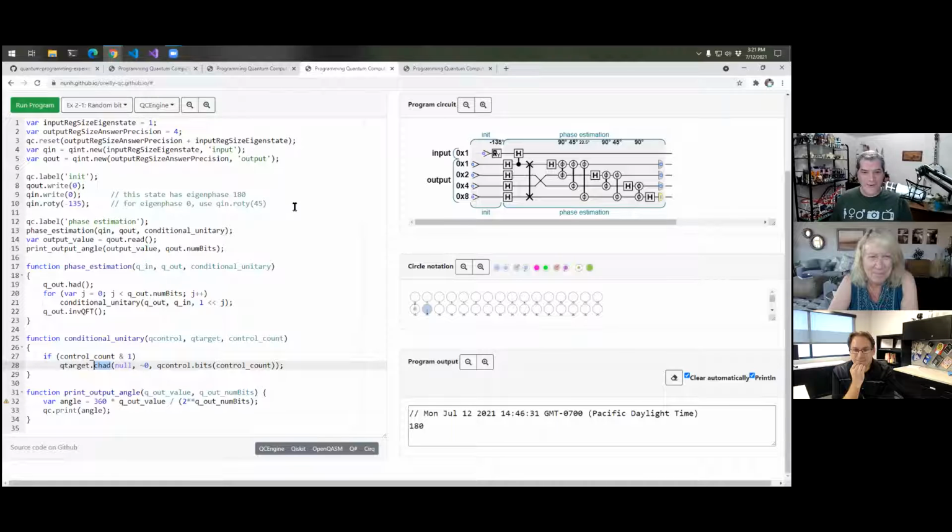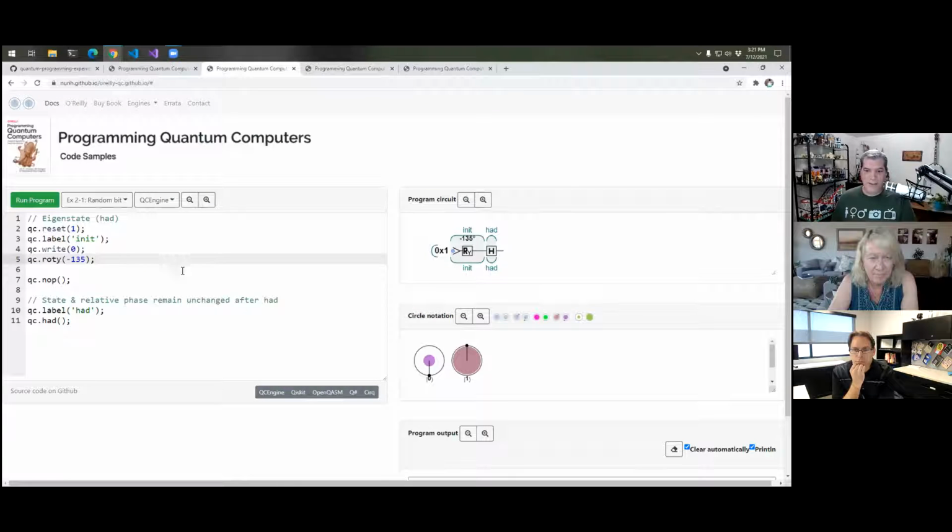Okay, so let's go back to our phase estimation. The setup that we have at the beginning is the same setup that we have in this one, where we have a state which is an eigenstate of had, where we have a 180-degree relative phase.